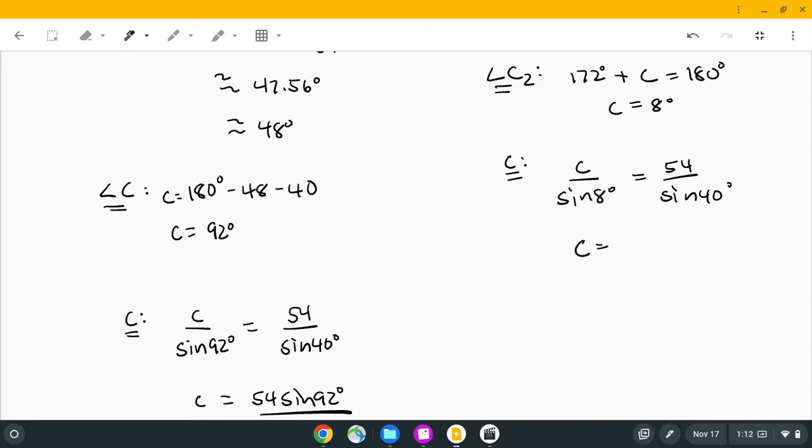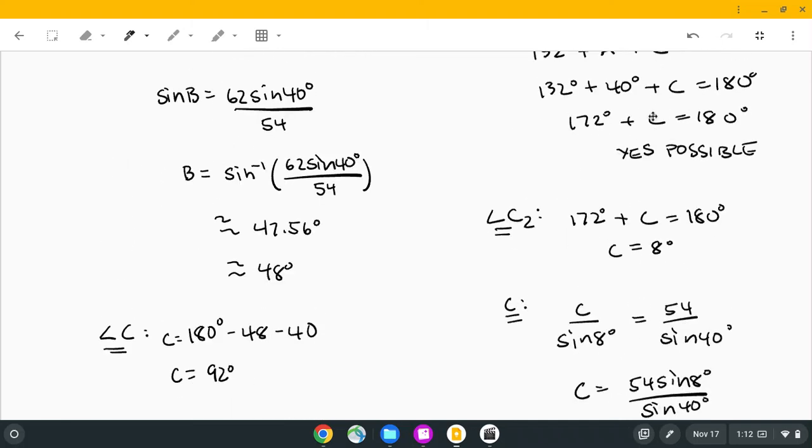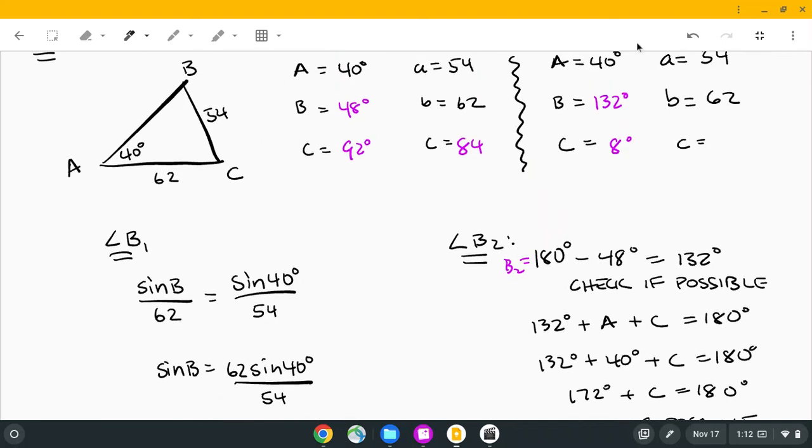Okay, so c equals 54 times sine 8 degrees over sine 40. And when you punch that in, we get 11.69. Two significant digits, so we'll go with 12. Okay, so C2 up here will be 12.